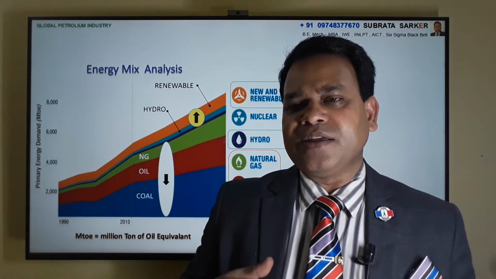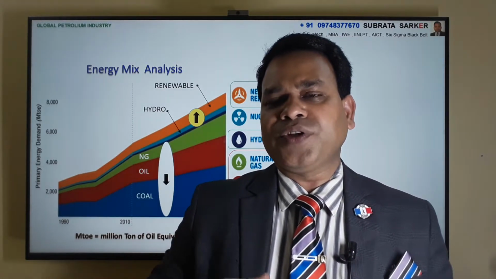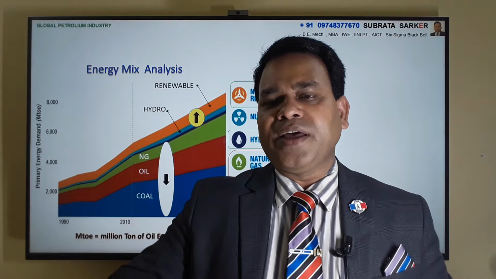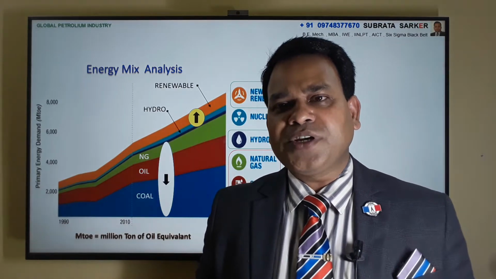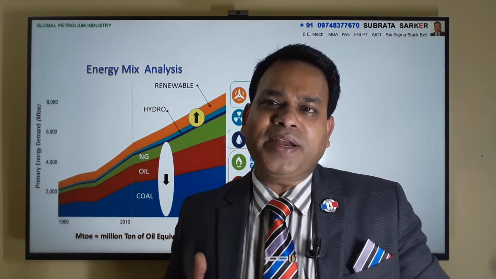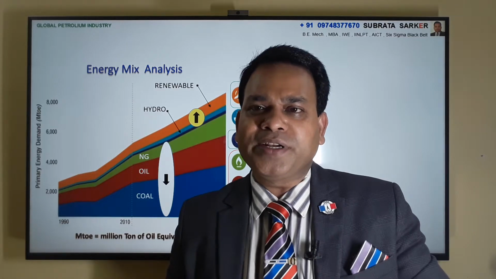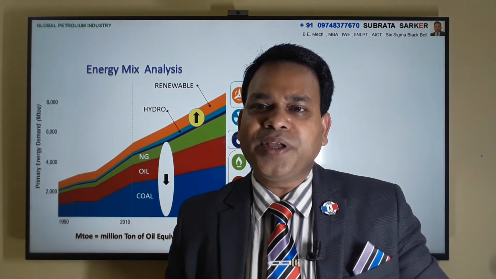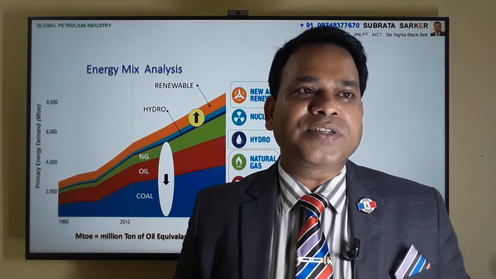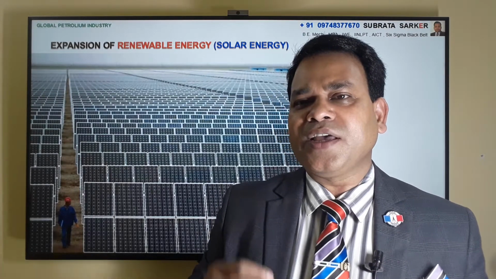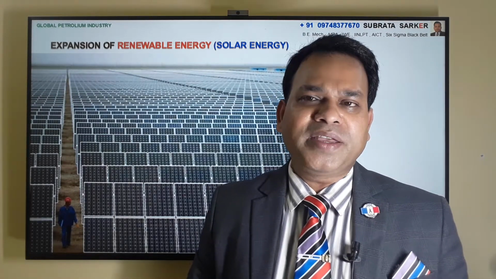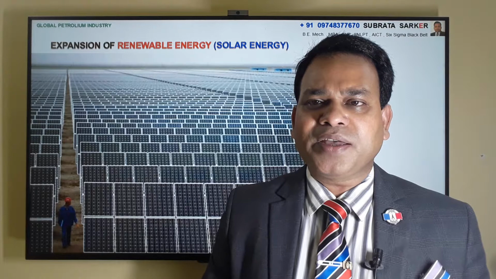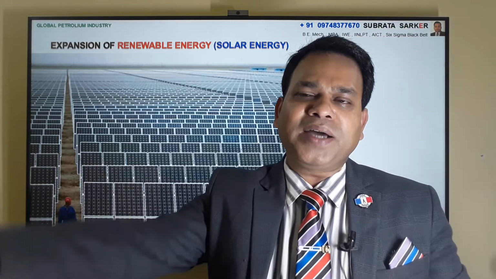These three are natural resources, so their use is getting reduced in the coming future, and renewable energy, mainly solar energy and wind energy, is going to increase. You can see a trend in the US, Australia, and all of the Asian countries, even China and India, where the expansion of solar energy is happening day by day.